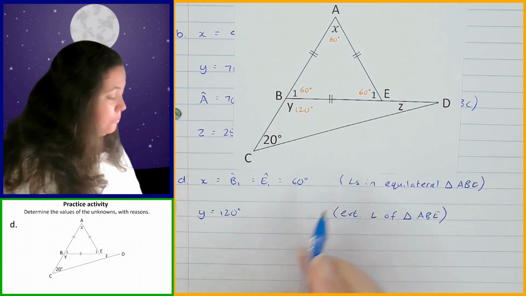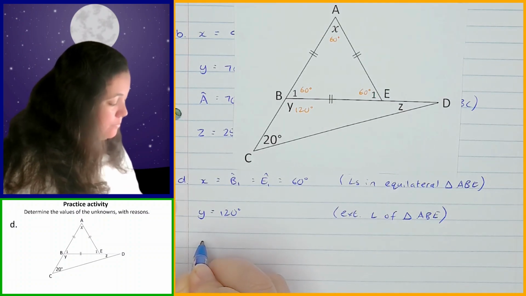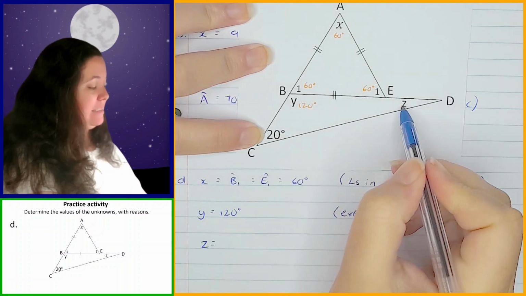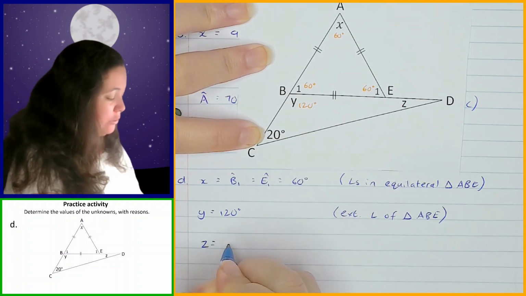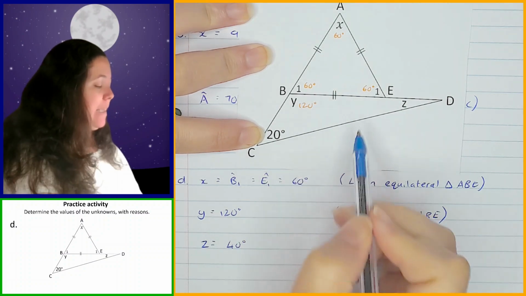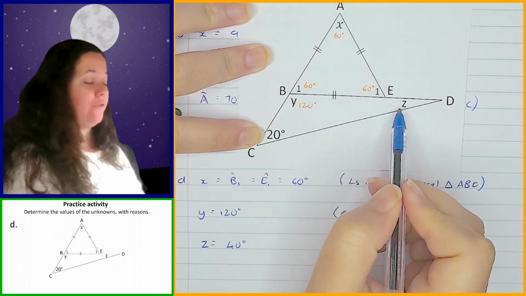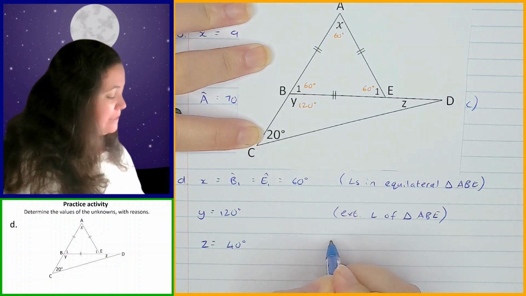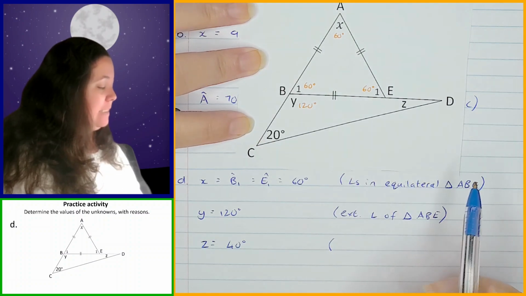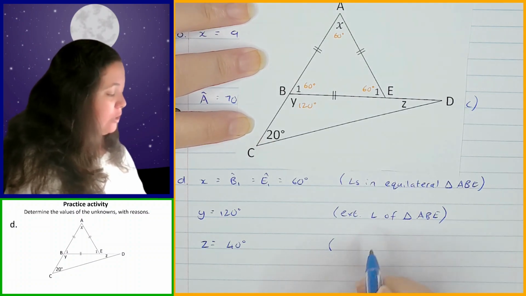So z is going to be 20 plus z must give me 60, so z must be 40 degrees, or 180 minus 120 minus 20 will also give you 40 degrees for z. So it doesn't matter which one you use. It could be sum of the interior angles of triangle BCD or exterior angle of triangle BCD. It doesn't matter.